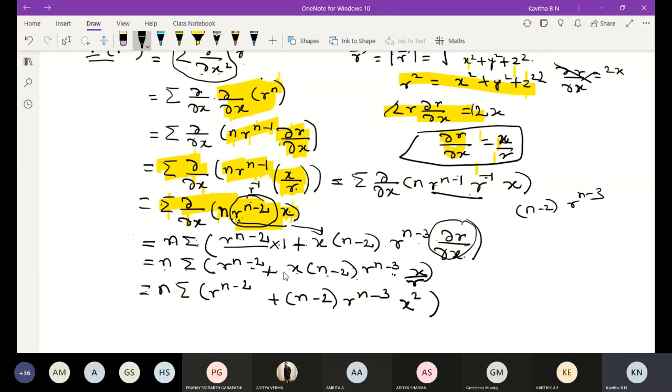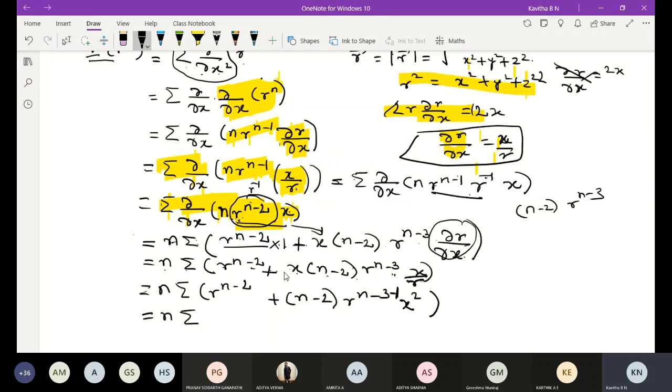Here this r is shifted to the numerator, what will happen? r to the power of minus 1. x by r, x into x is x square, then r is shifted to the numerator, it becomes minus 1.